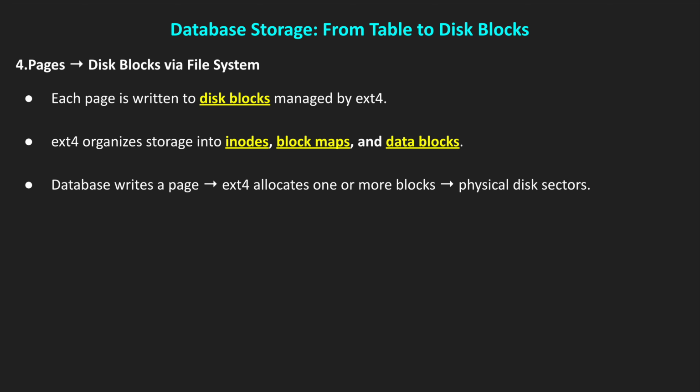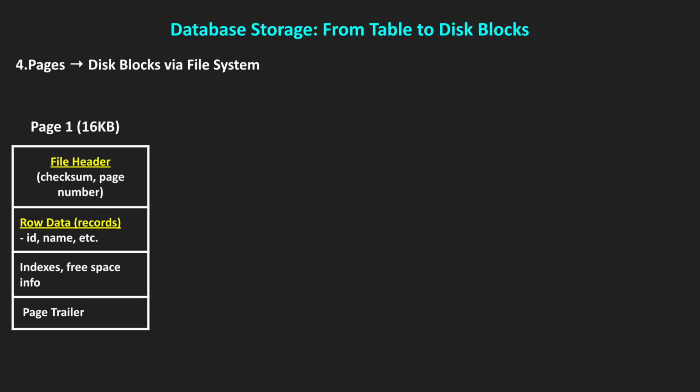The database writes a page, then ext4 allocates one or more blocks for that page, and then we map those blocks to the physical disk sectors. To sum up, we have a page, which is usually 16 kilobytes.